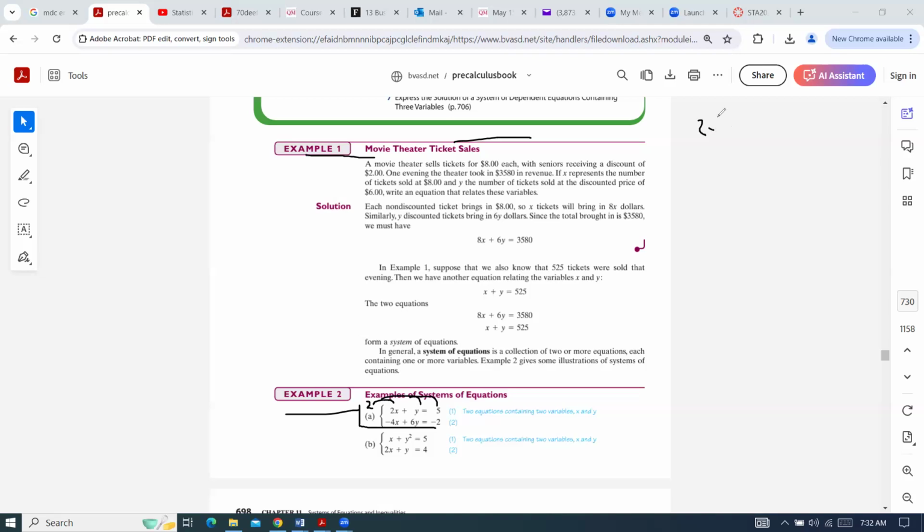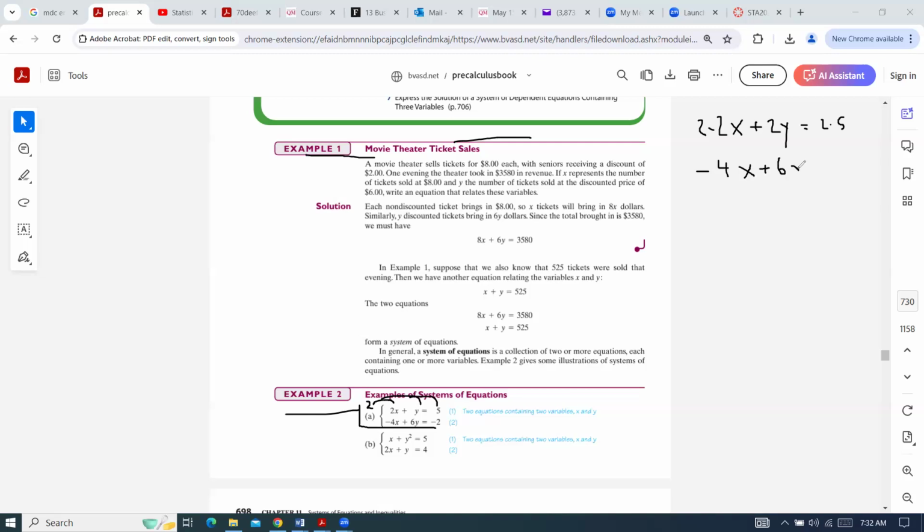In other words, my first equation will look like 2 times 2x plus 2 also multiplied by y. And on the other side, it'd be 2 times 5. Then the second equation, I'm going to leave the way it is because it starts with minus 4x.